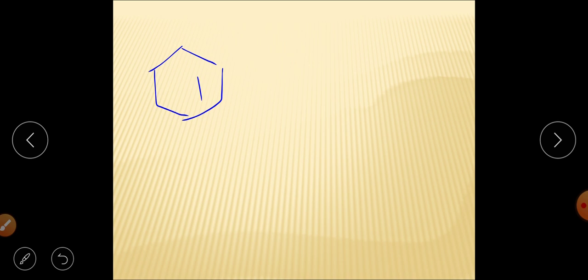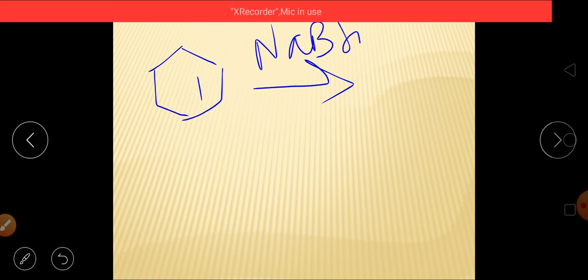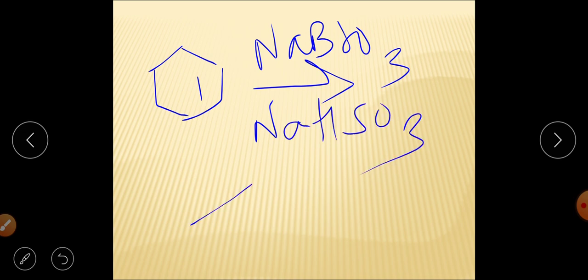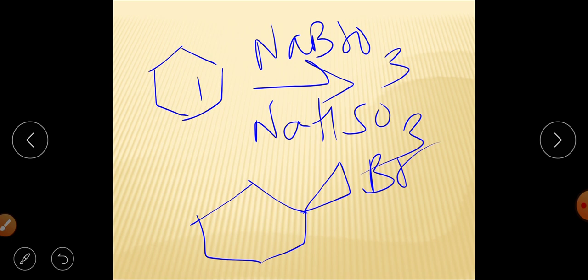If I am particularly talking about this reaction, that is, we are having NaBrO3 in presence of NaHSO3, what will be the product that will be synthesized? The product synthesized during this reaction will be this bromine, and this is hydroxyl.